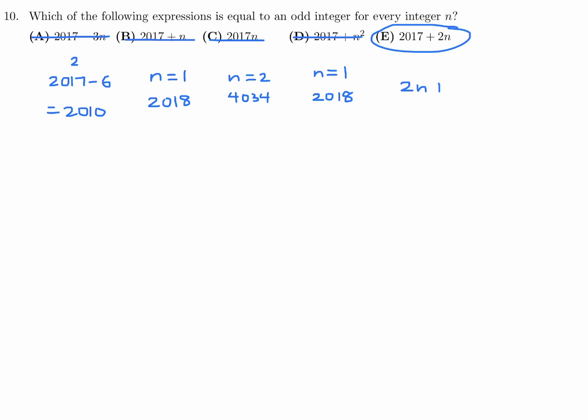But 2n plus 2017, if we break this up into 1 and 2016, an odd number is always of the form 2n plus 1, and the 2016 obviously is an even number. So we have an odd number plus an even number, and that result will always be odd. Try it. Any odd number plus any even number will always be odd. So number 10, the answer is E.